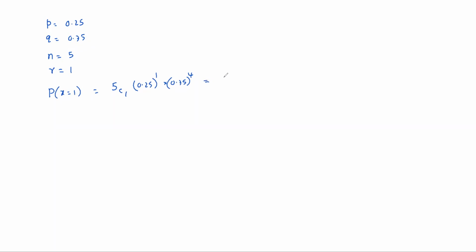Which is equal to 405 by 1024, that is 5 into 0.25 into 0.75 to the power of 4, which is 0.3955. So 0.4, or 0.396. To two decimal places, it means 0.40.